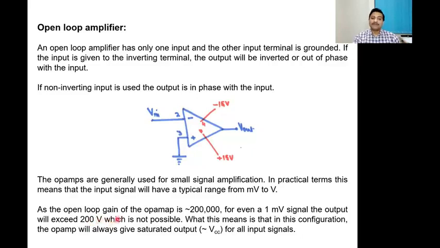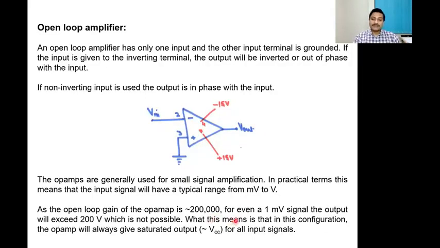However, this 200 volts is simply not possible. Again, the amplifier has a biasing which is limited to plus minus 15 volt. You give a 1 millivolt signal and you get 200 volts output, and that is just not possible because it violates energy conservation. The total input power is much less than what you expect to get out.